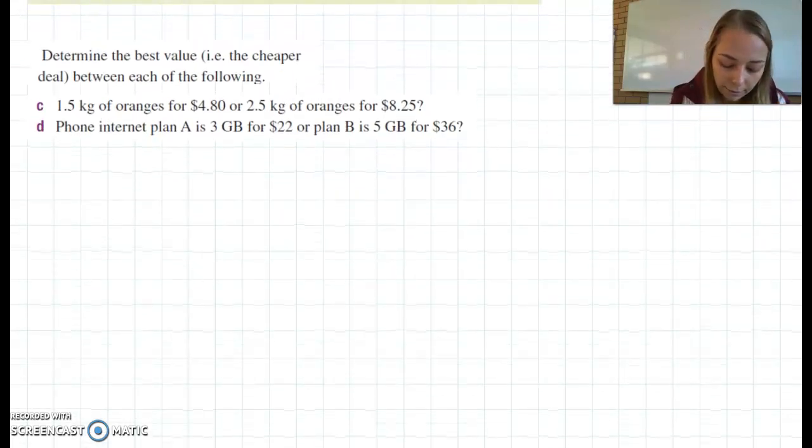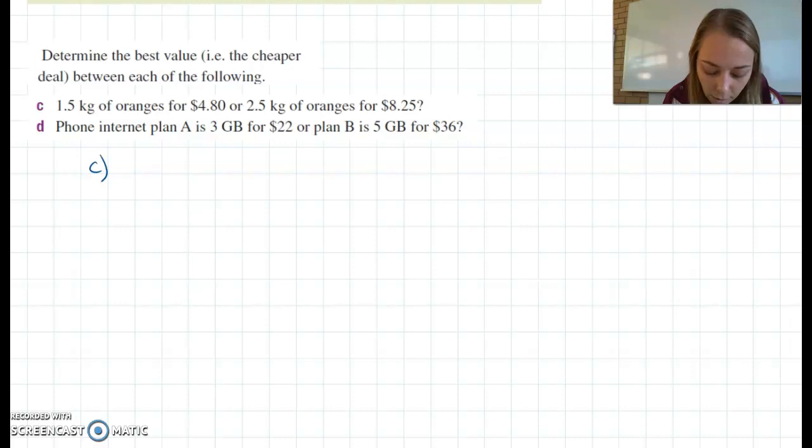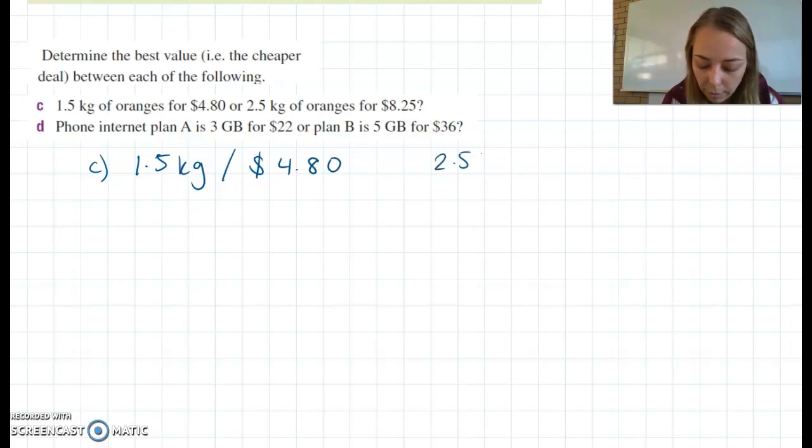All right, so let's have a look. We're doing part C here. 1.5 kilos of oranges cost $4.80. Sorry, I'm just going to go ahead and put my units in there. And the other option is 2.5 kilos of oranges cost $8.25.